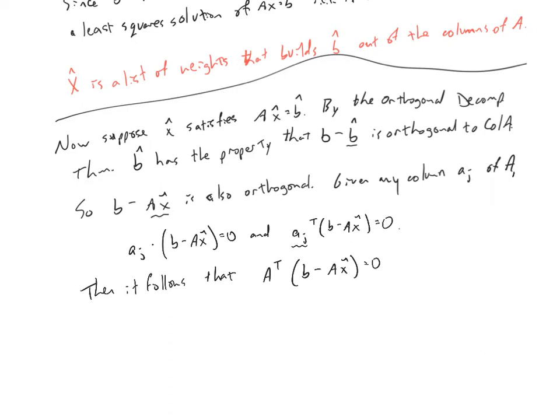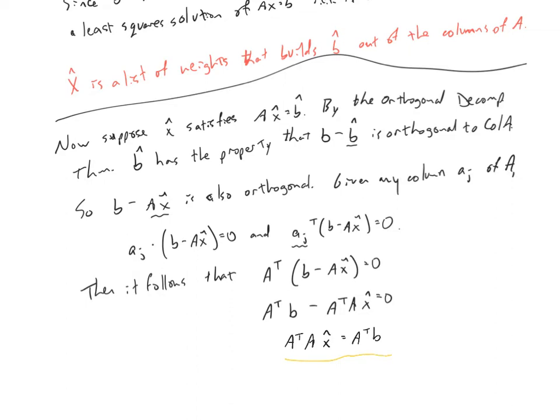All right, so we're going to distribute first. A transpose times B minus A transpose A X hat equals 0. And then we'll just rewrite this a little bit differently, add the one negative term to the other side, and write it in our formally stated conclusion. A transpose A times X hat is equal to A transpose times B. And that's where we were heading.